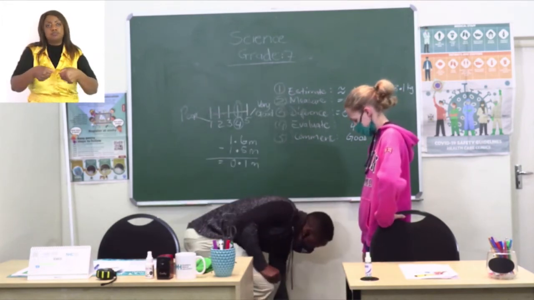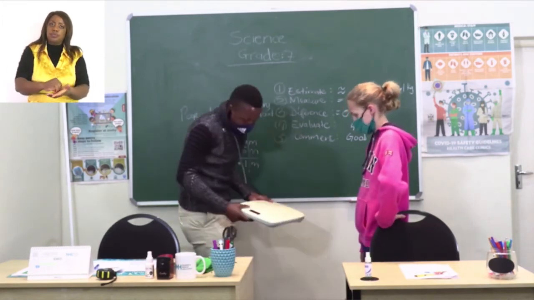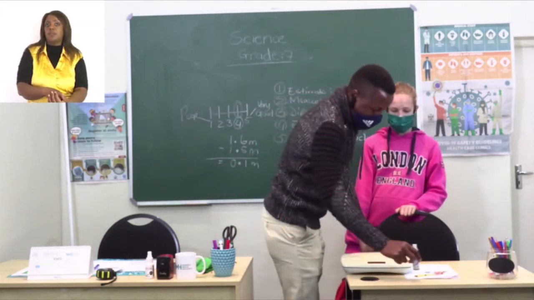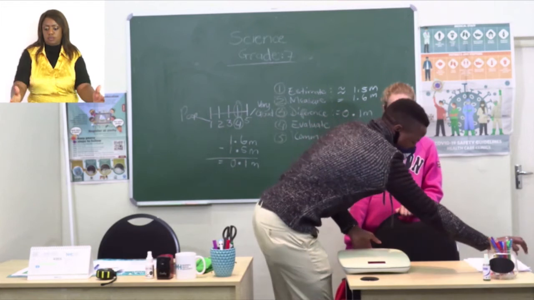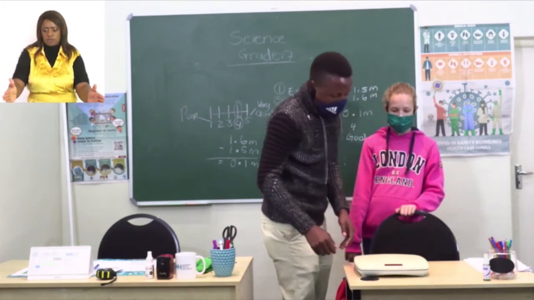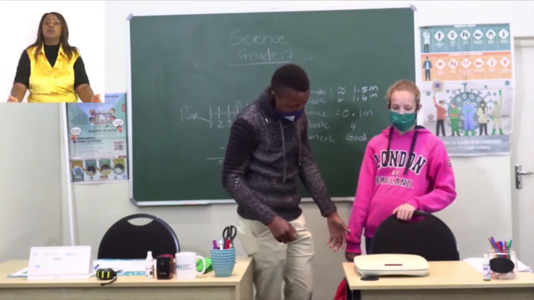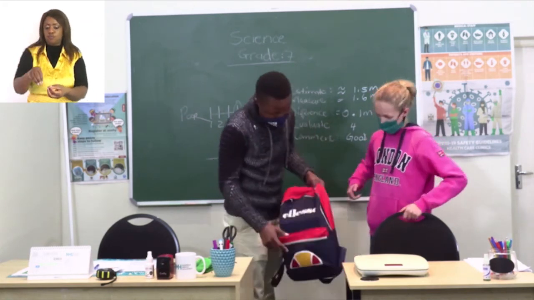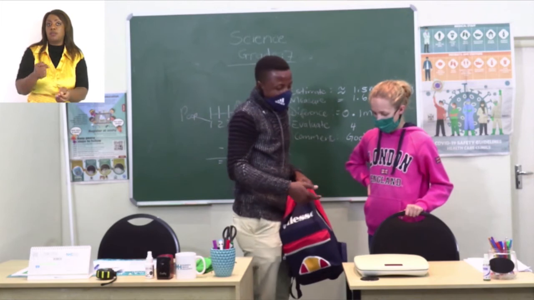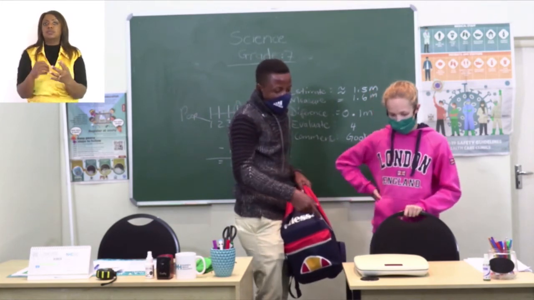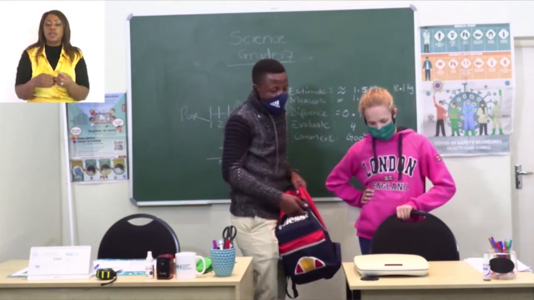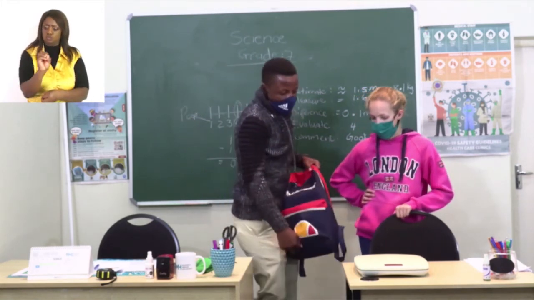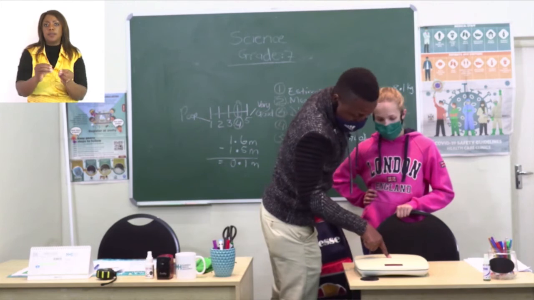Then I have got a bathroom scale here. So I'll put it on the table, because we are going to measure the mass of this bag. What is inside the bag is books, just books. By placing the bag on top of the scale we find out the measure, since we have done already with the estimation. So we can start.